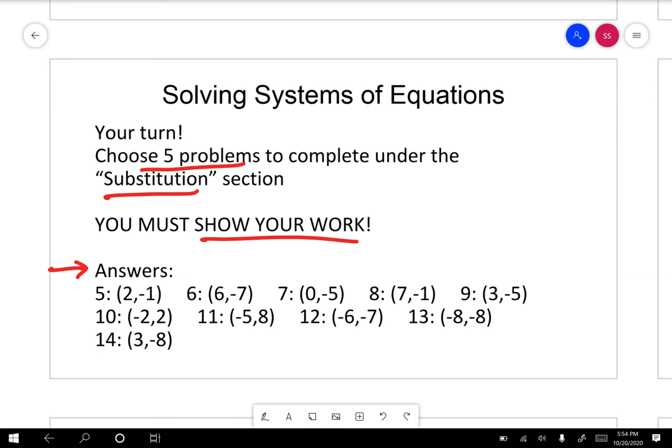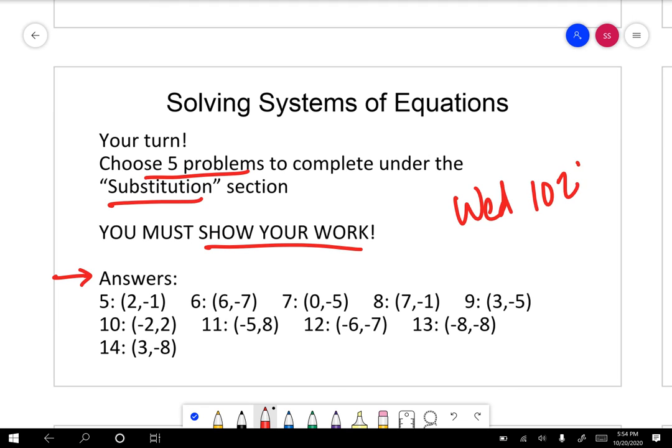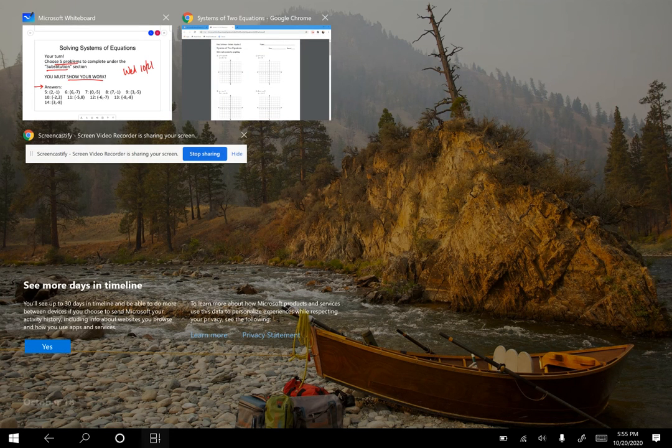So substitution is the work for Wednesday, 10/21. Okay, so pause the video now if you want to come back and do the elimination stuff on the 22nd. Awesome. If you want to just get it all done in one go, great. Pause the video in that case, work on those substitution problems, and then come back. I'm going to pause the video too, so I can get a drink.